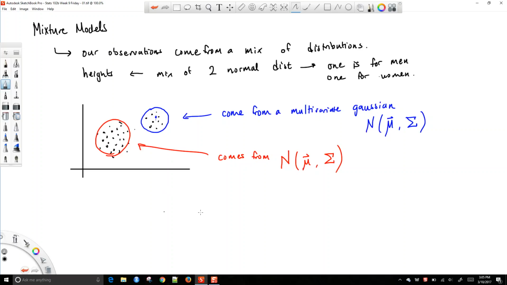Basically we have two different distributions. So we'll say each kind of component has a distribution.